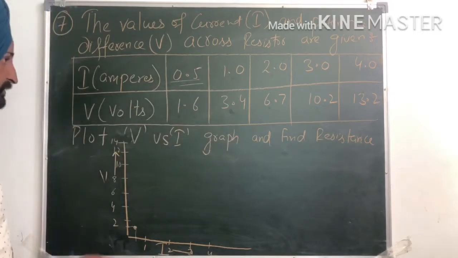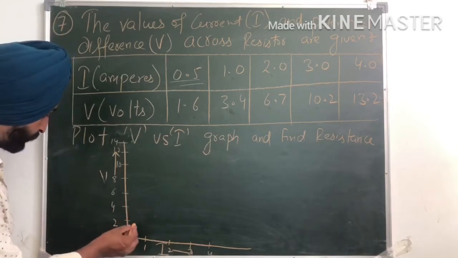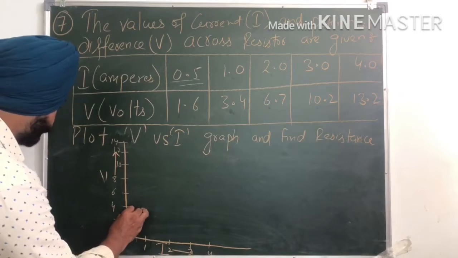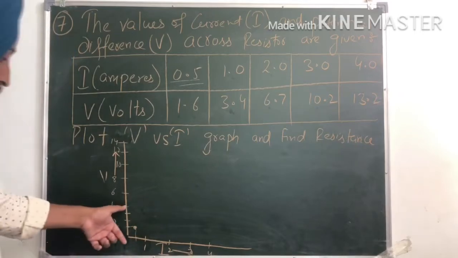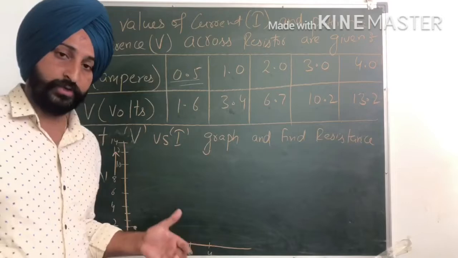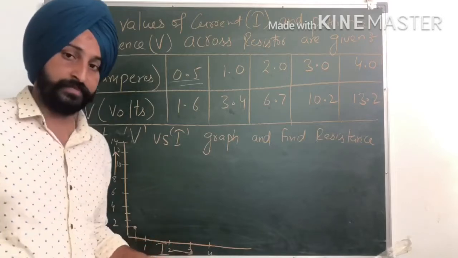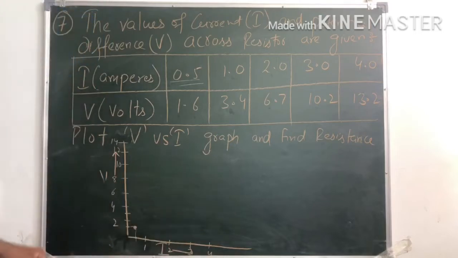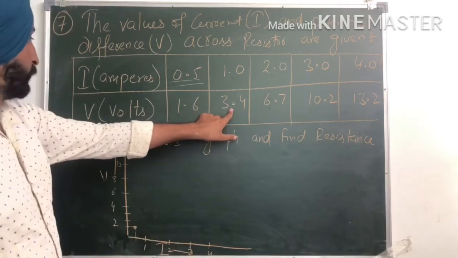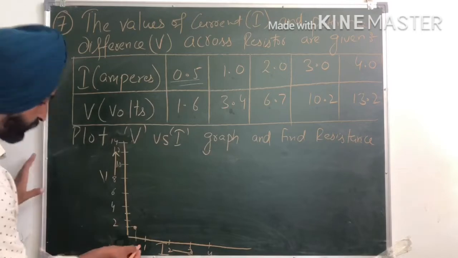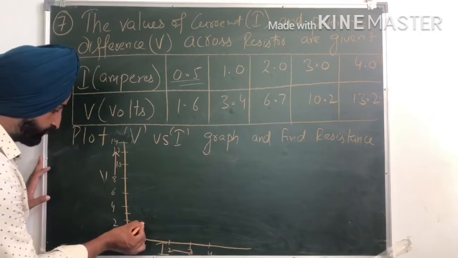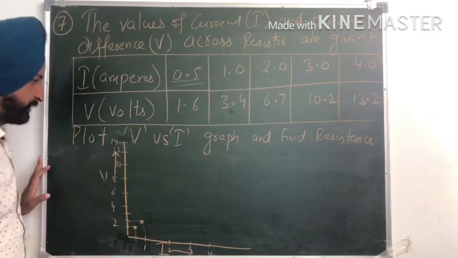That means 3.4 will be lying somewhere over here. Fine. So I am just drawing this on board. You have to draw these on a graph paper with equal calibration, taking equal boxes. So according to 3.4 voltage, current is 1. So I will be joining these 2 points over here. So I will get this point.